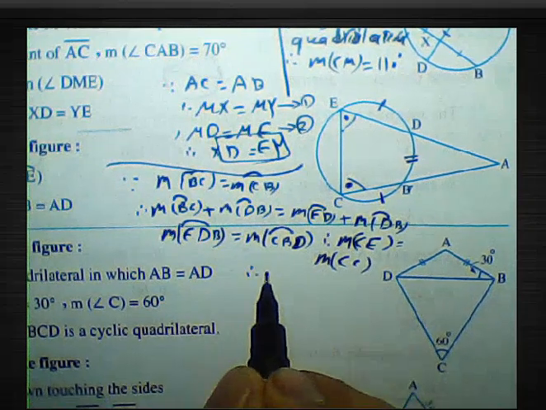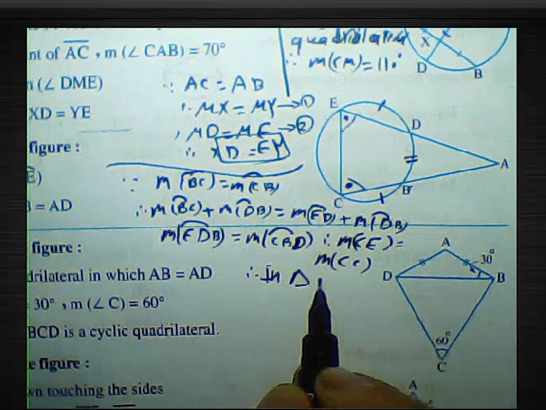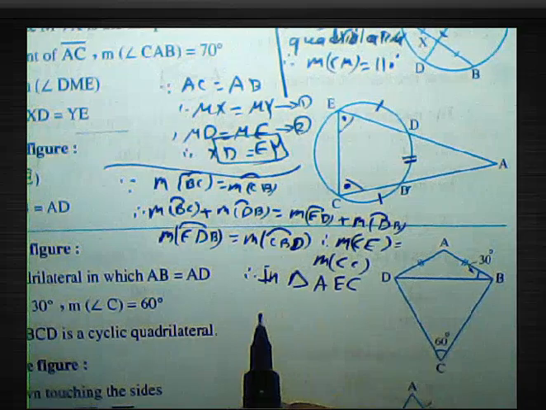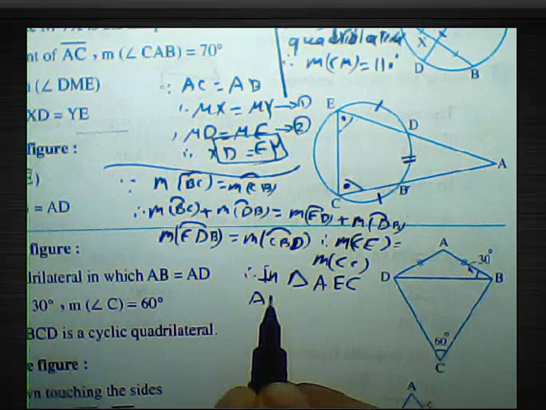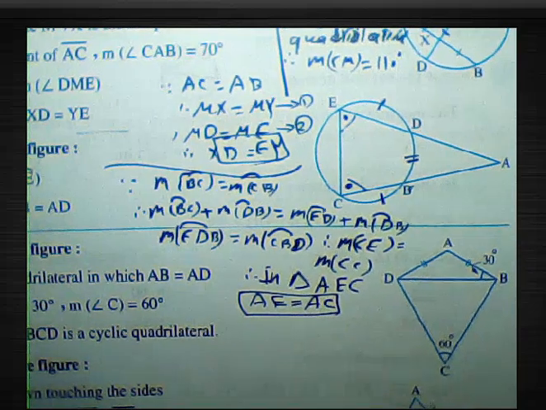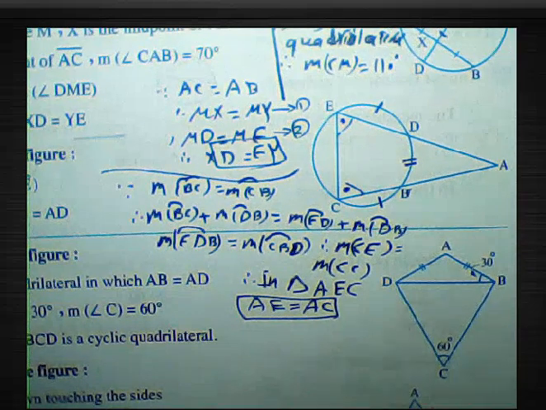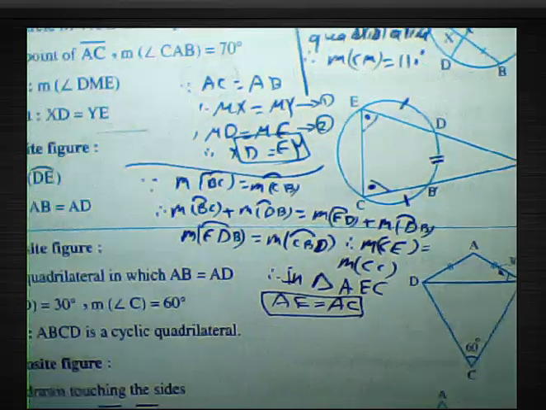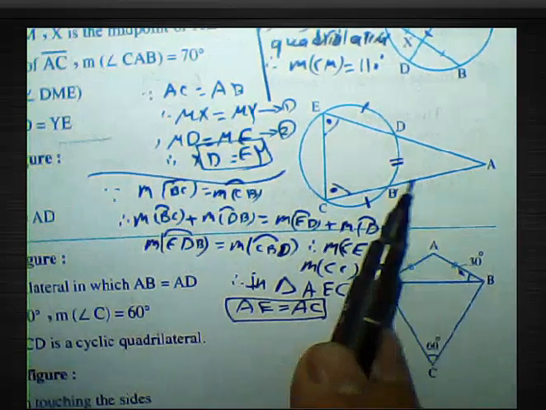Then in triangle AEC, AE equal AC. Okay, and he wants to prove that EB equal ED.